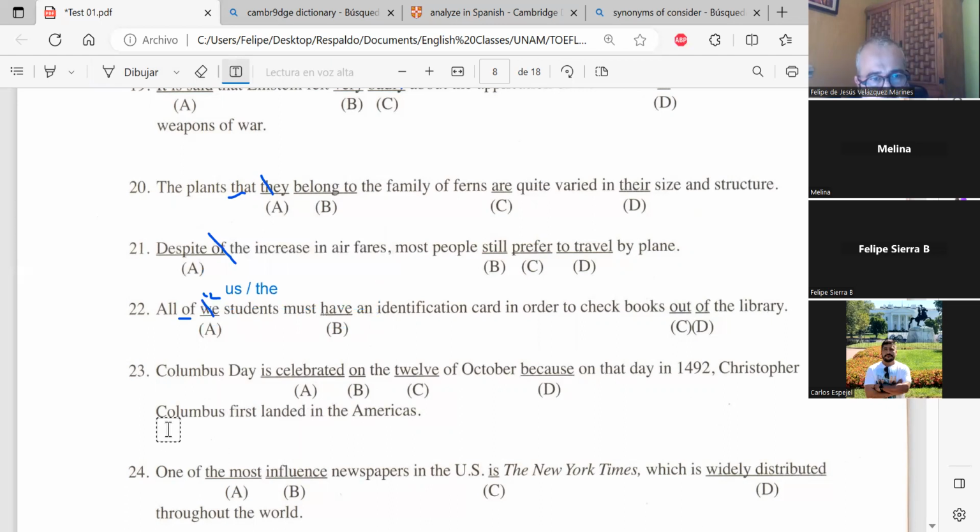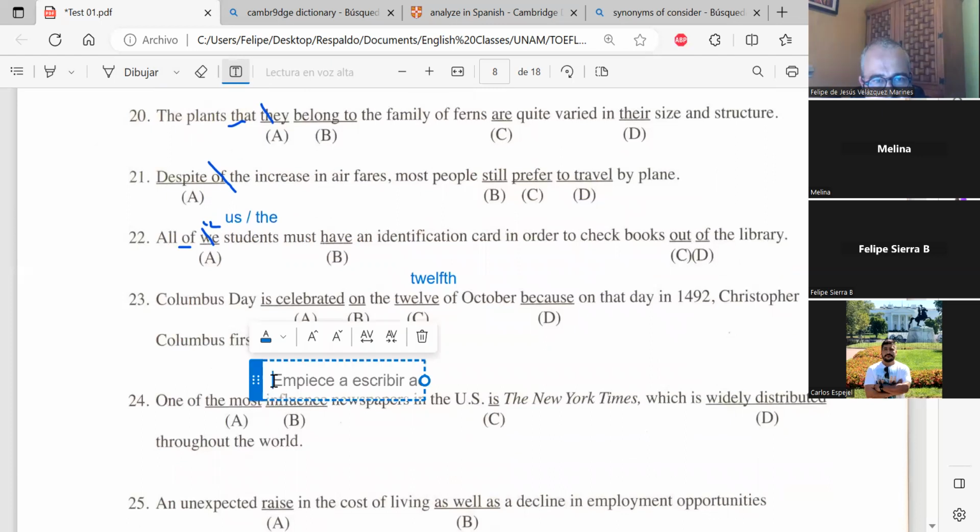Okay. But if we say all of us, comma, students. Okay, so in Spanish, we say primero de mayo, 2 de mayo, 3 de mayo, 4 de mayo. But in English, we have to say the first of May, the second of May, the third of May, and the 12th of October, no? The 12th, yes, okay, of October.